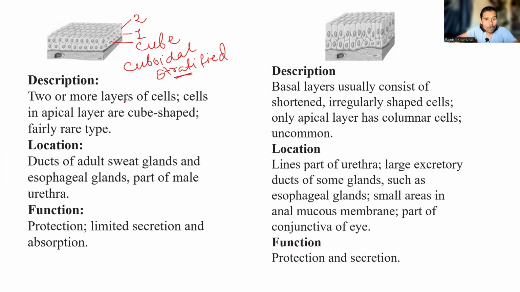Description: two or more layers of the cells are present. Cells in the apical layer are cube-shaped. Fairly rare types. These types of tissues are very rare in the body, obviously, but they are present. What is the location? Duct of the adult sweat glands and esophageal glands, part of male urethra.